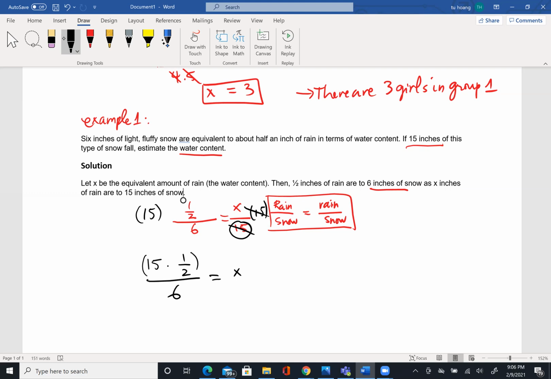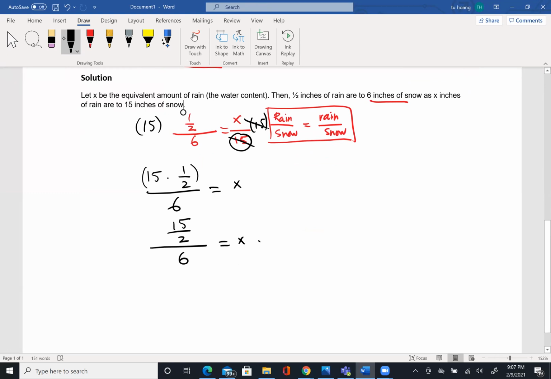And I rewrite as 15 times 1 is 15, divided by 2, and everything divided by 6 equal to x. Okay, so this is a division between fractions in the left hand side. So what I need to do is change it to become a multiplication. So it's going to look like 15 over 2 multiplied by the reciprocal of 6, which is 1 over 6, right? And then equal to x.